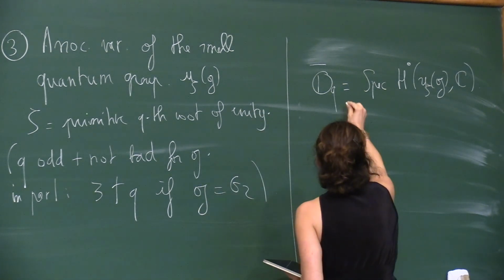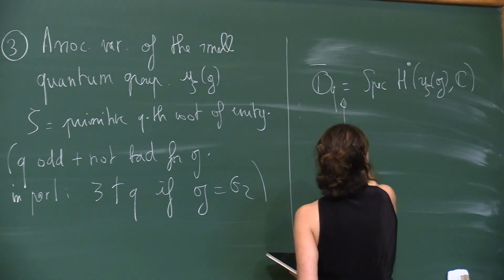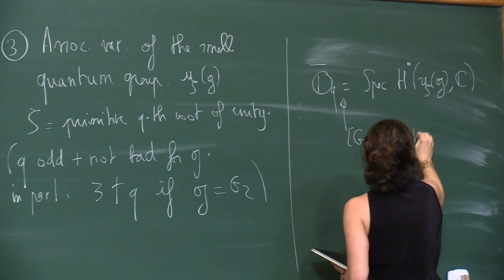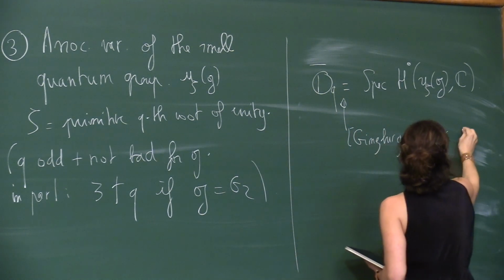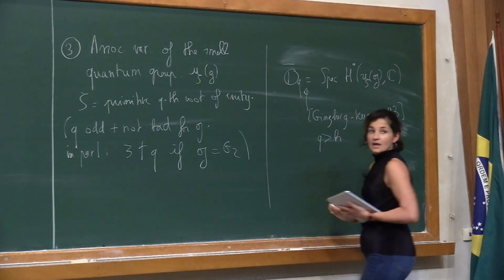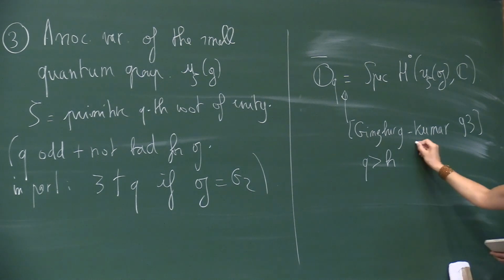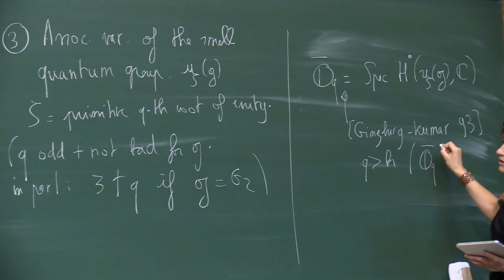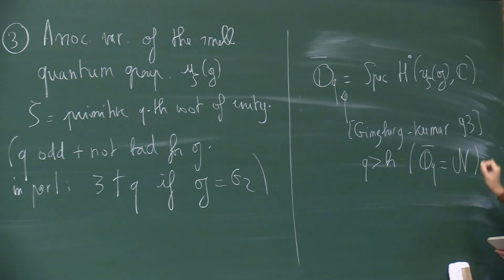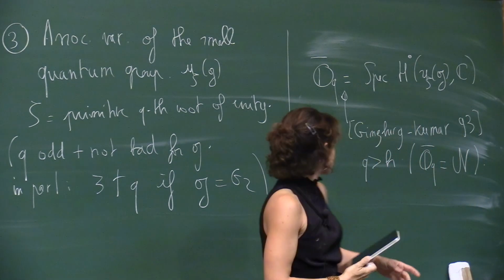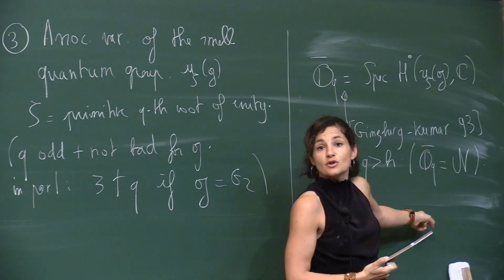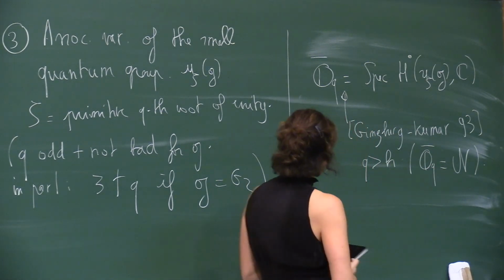This fact is a direct consequence of a result of Ginzburg and Kumar for q greater than the Coxeter number. Indeed, in this case, this closure, or equivalently N_q, is the nilpotent cone of g. And then they show that in this case, the cohomology is concentrated in even degree, and it is exactly the nilpotent cone. So this is direct.